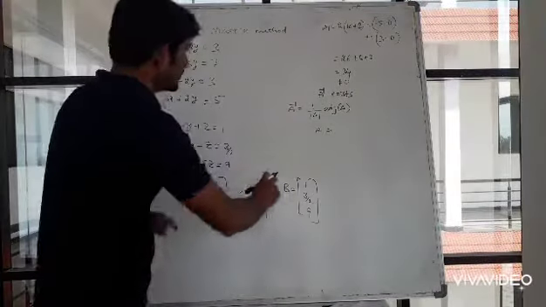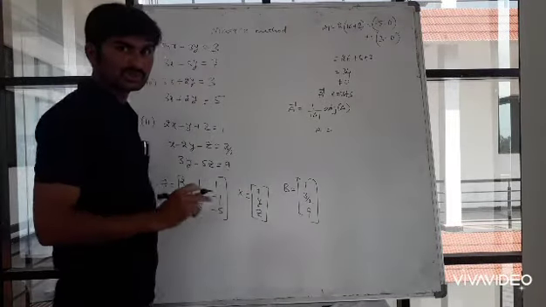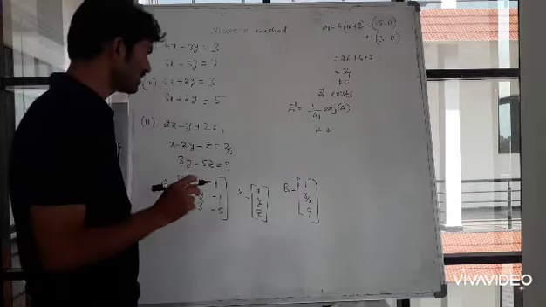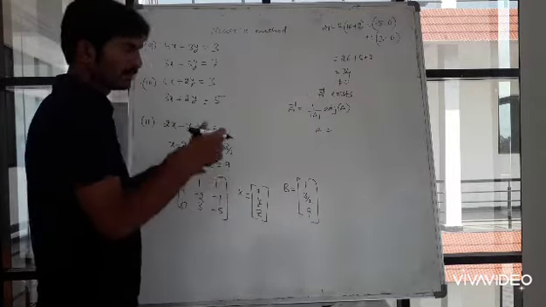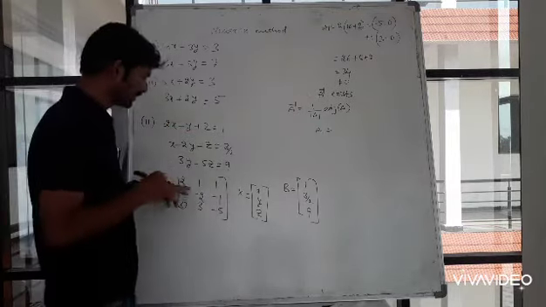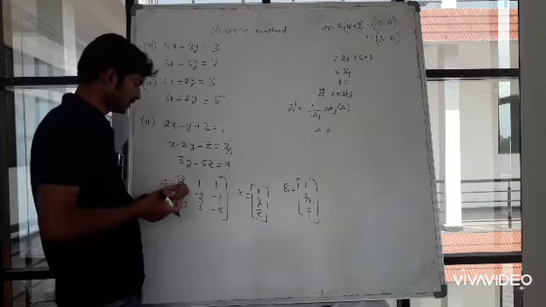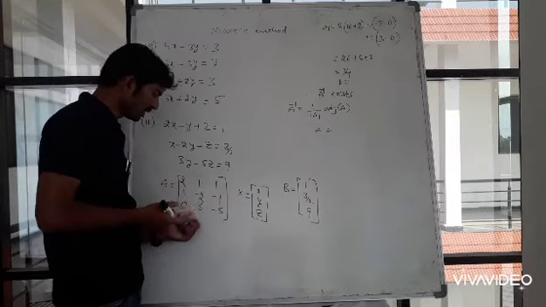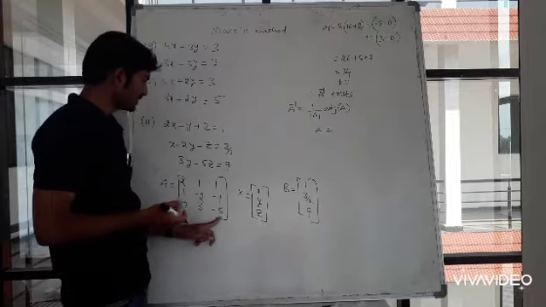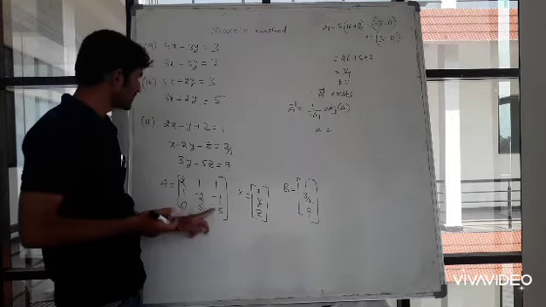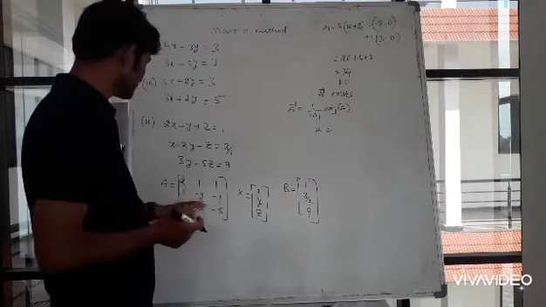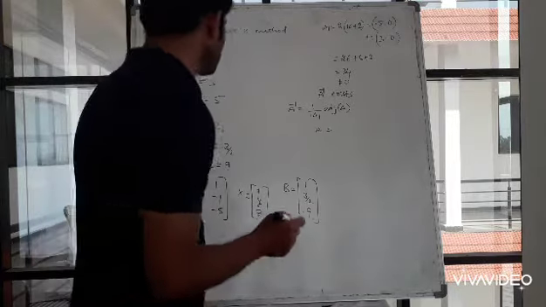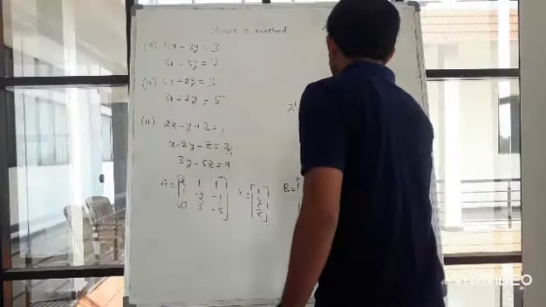Here 1 plus 1 is 2, 2 is the even number, so right hand side we will consider positive into bracket. Leave this row and column. 5 into minus 5, minus 2 into minus 5, it is minus plus 10. Here it is plus 3. It will be 13. Okay.